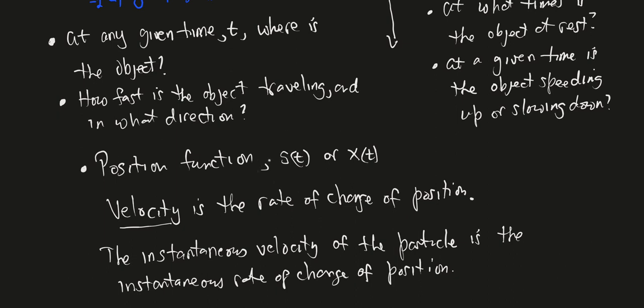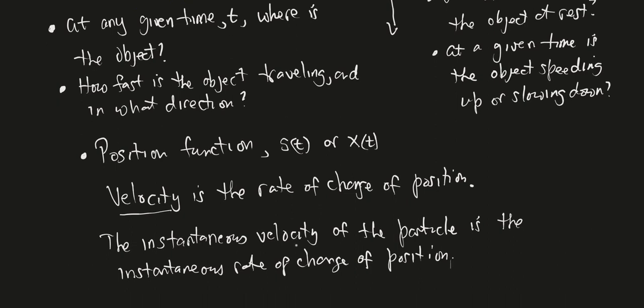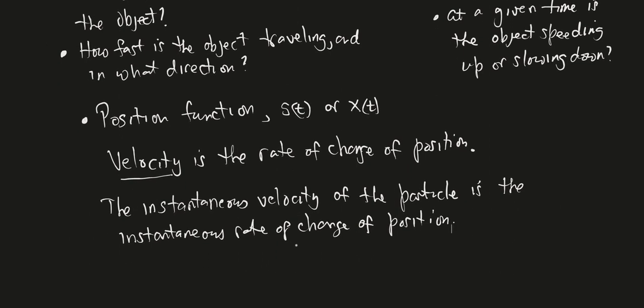So if I have a position function and I want to find the instantaneous rate of change of that position function, that's where the derivative comes in. So let's write that down. Now for the velocity function, we use the obvious symbol or letter, which in this case is the letter V. So we use V of t to represent our velocity function.